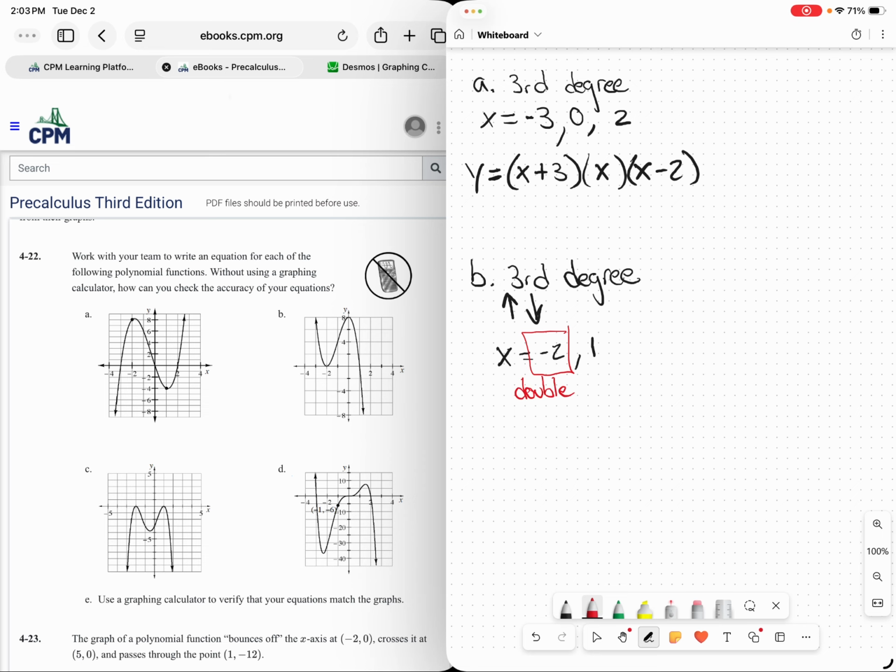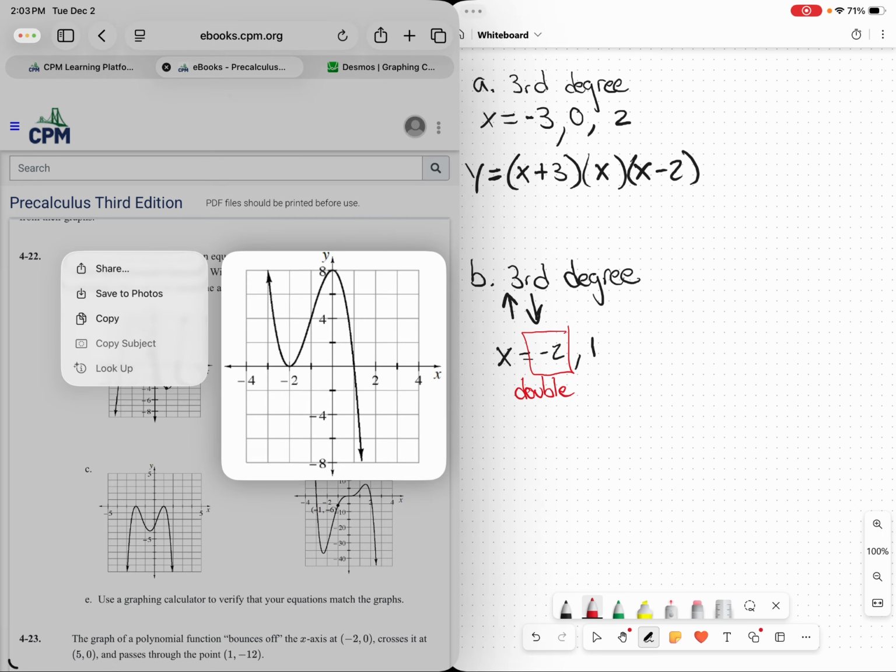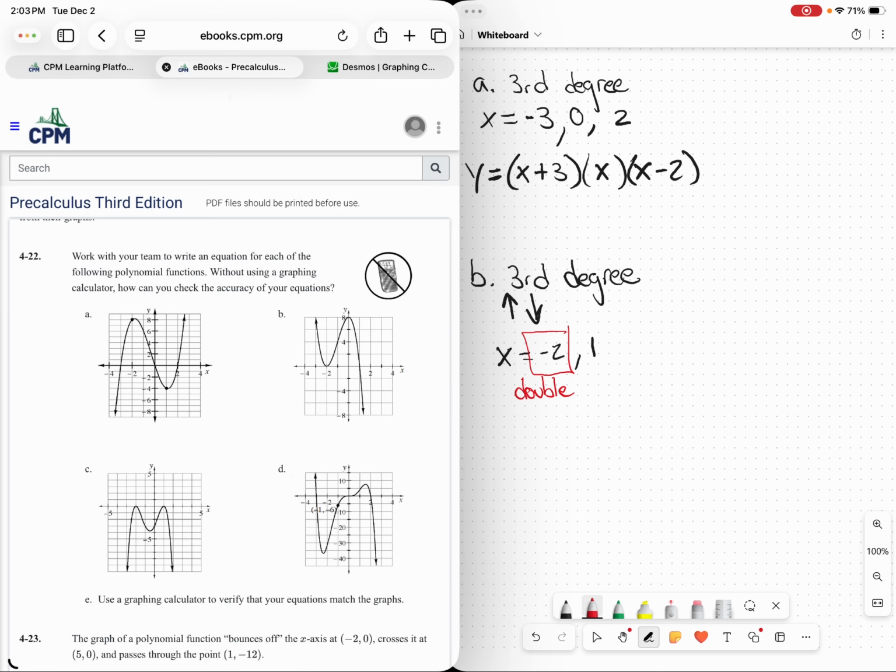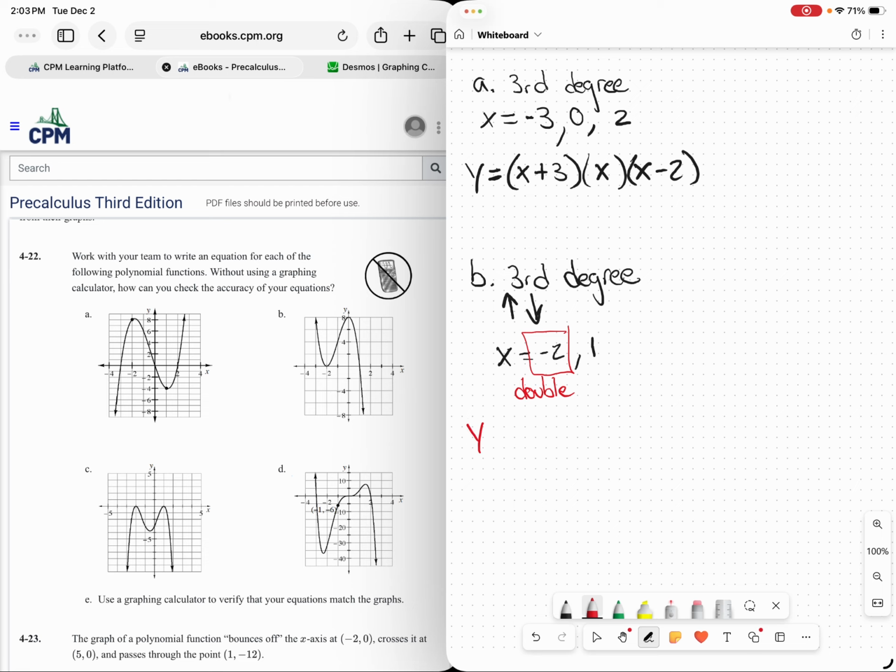So from the previous lesson, we should notice that right there is a double root. So then what we can do when we're writing this equation, y equals x plus 2 squared, double root, and x minus 1. But remember, it's negative, so we have to put a negative in the front.